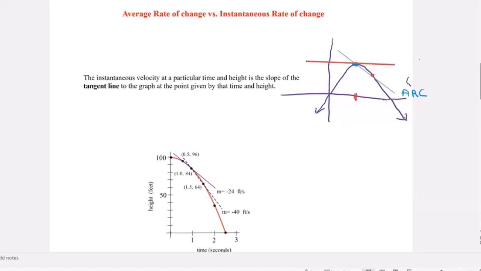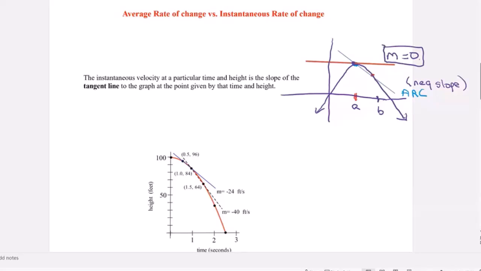It has a negative slope. And it's really just the average rate of change between this point we'll call A and this point we can call B. Okay. But if I want to know my instantaneous rate of change at the vertex, look at that. The tangent line is actually pretty easy to tell, because the slope of this line is equal to 0.